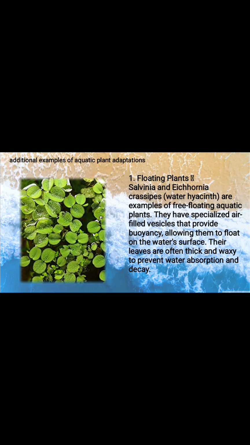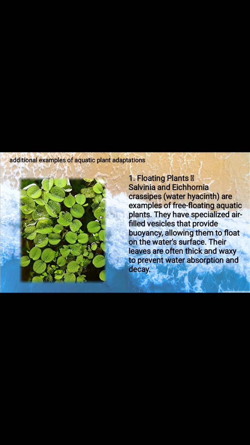Thanks, Ruben. Let's look at some examples of aquatic plants and their specialized adaptations. First, we have floating plants like Salvinia and Eichhornia crassipes or water hyacinth. These plants have air-filled vesicles in their tissues, which help them stay afloat.